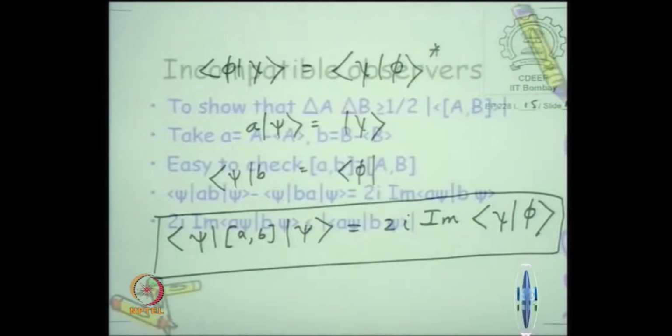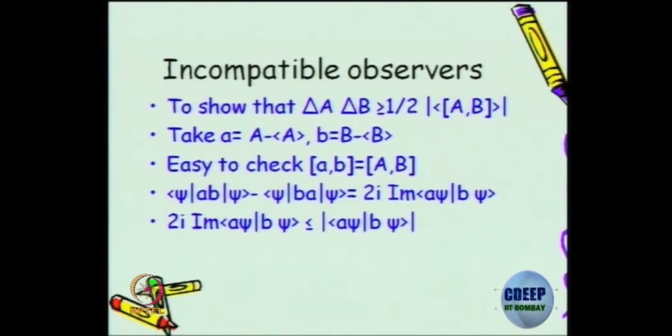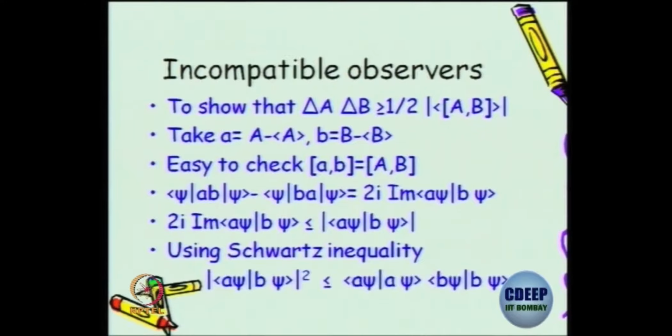And now you can add further. The imaginary part is always less than the magnitude, so you can take that modulus and then use your Schwarz inequality. What is the Schwarz inequality?